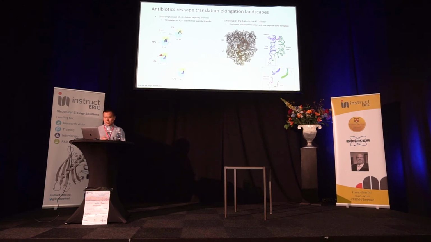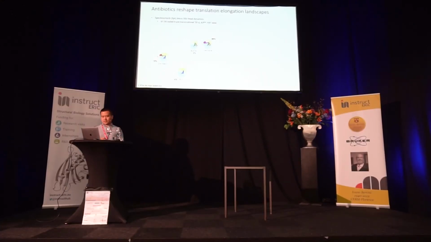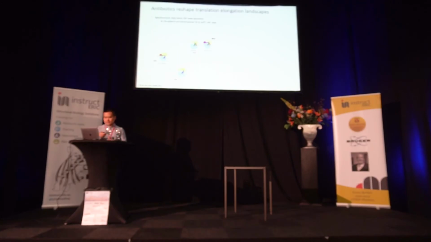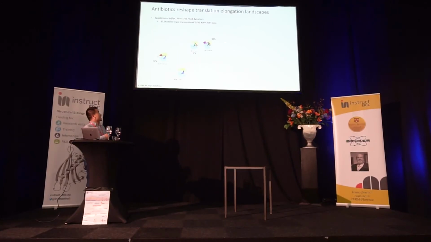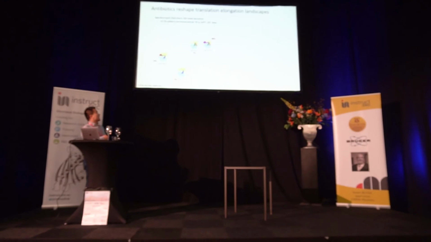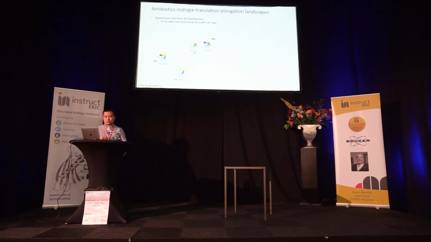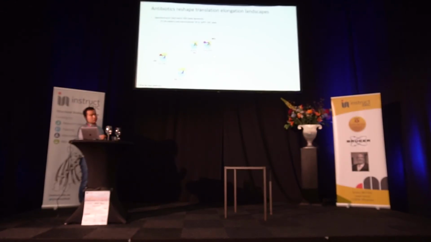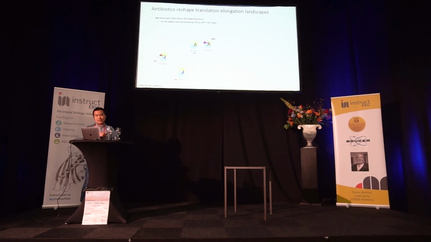Okay, so for the second ribosome-specific antibiotic, spectinomycin, which binds to the hinge region between the body and head domain of the small subunit, we found that the landscape is fundamentally changed, and most ribosomes are stored in this pre-translocational state with EF-G and hybrid A/P and P/E site tRNA.